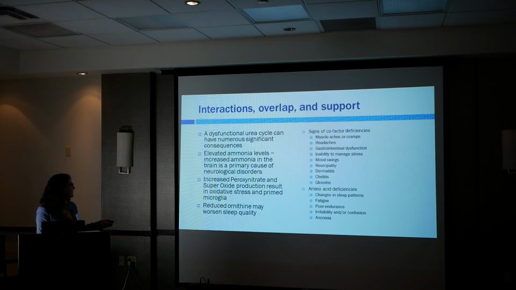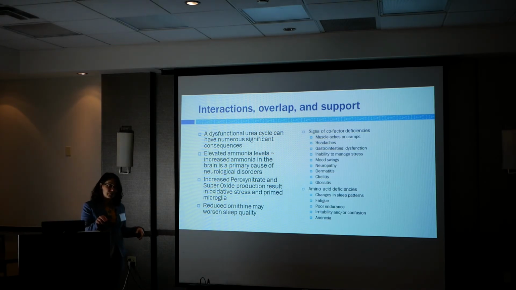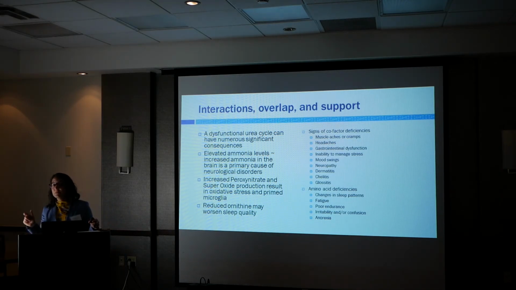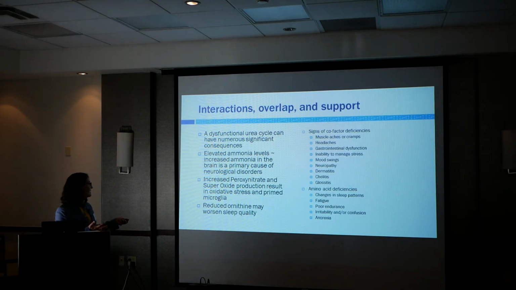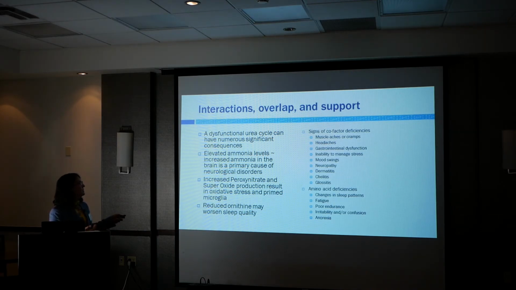I already talked about the peroxynitrate and such. Reduced ornithine, we've got a lot of research on ornithine and arginine, which are in the urea cycle, affecting sleep, the circadian rhythm cycles, as well as growth. So I work with kids who don't grow particularly well often, and so these are things that I really take into account.